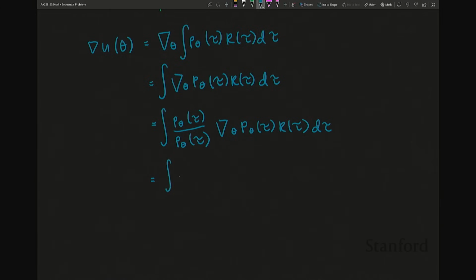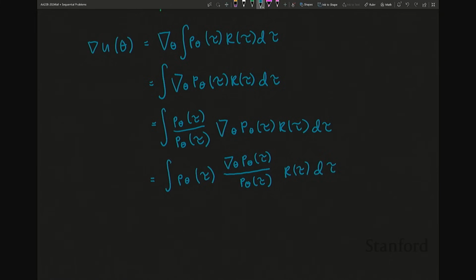So we're going to write this as p theta of tau times the gradient of p theta of tau over p theta of tau, r of tau d tau.